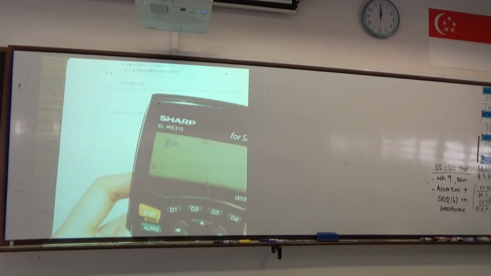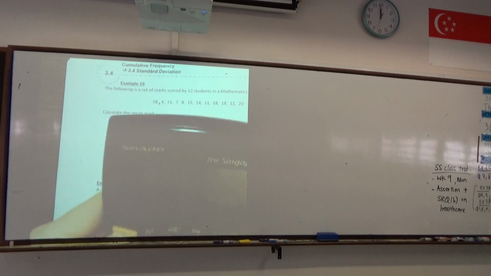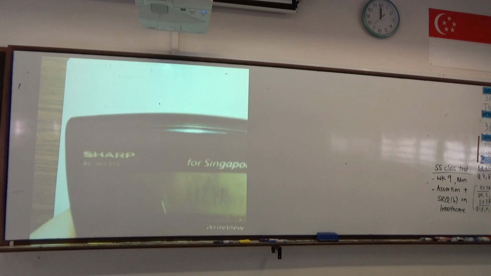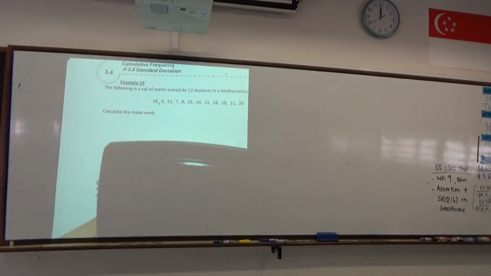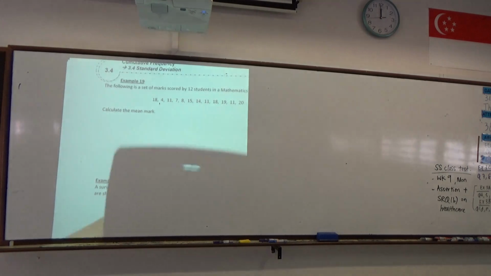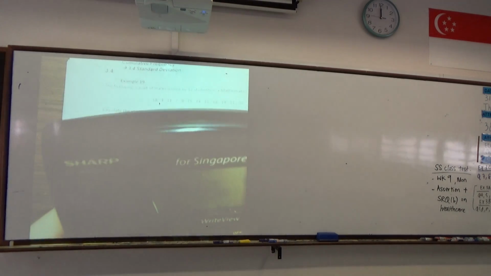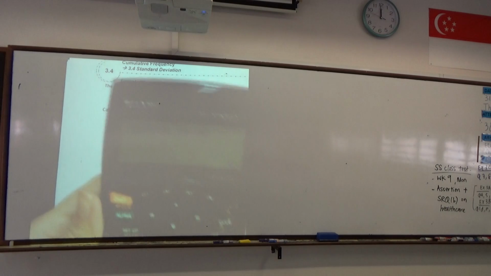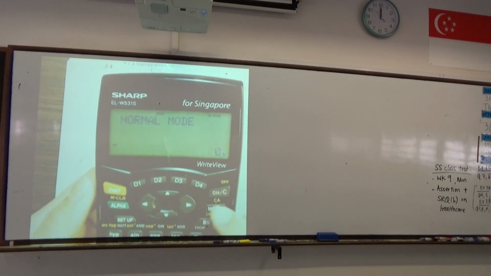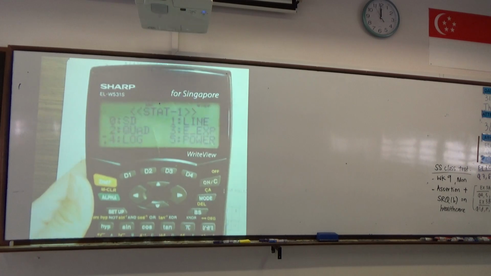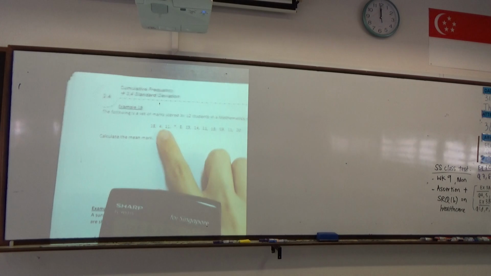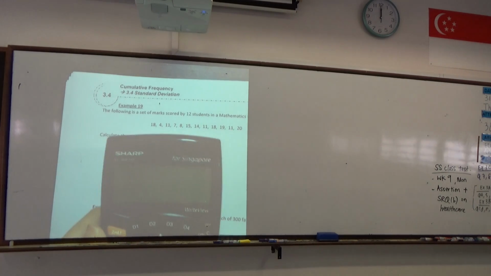So how do I change the frequency in your Sharp calculator? Let me reset this first. Okay, if I want to include the frequency itself, same thing, you go to mode 1 stat and then go to 0 SD. If for example there are 2 values of 18, you press 18, then comma.